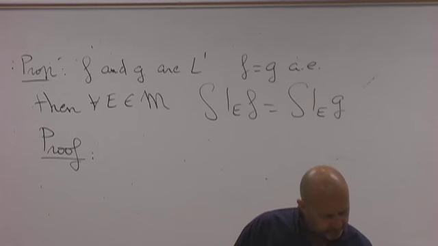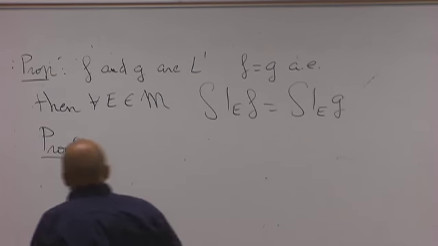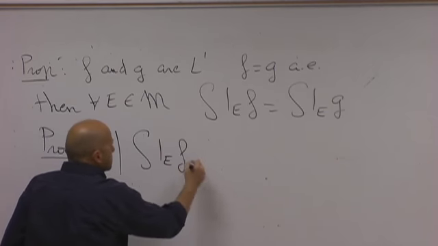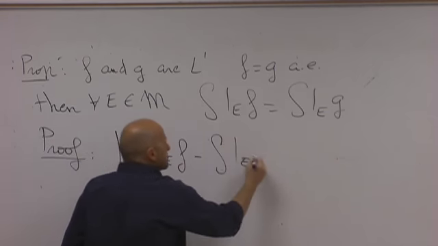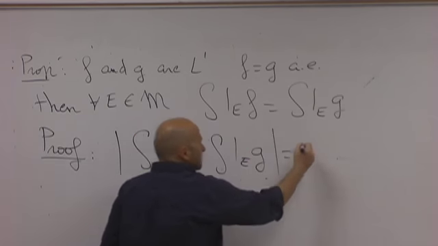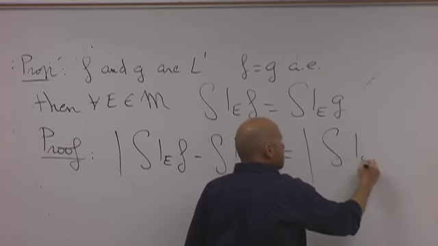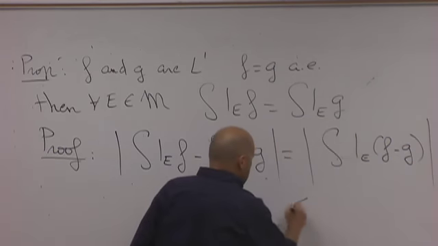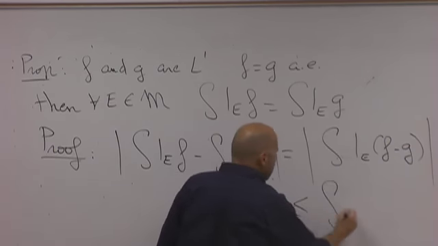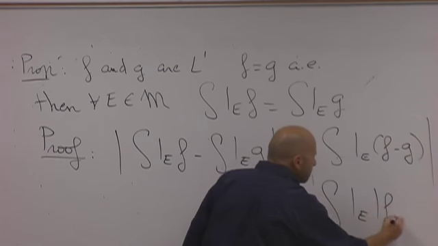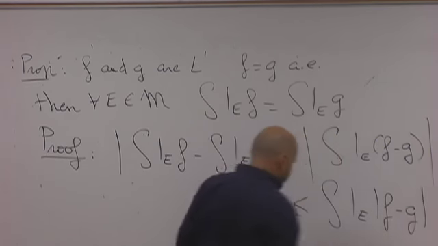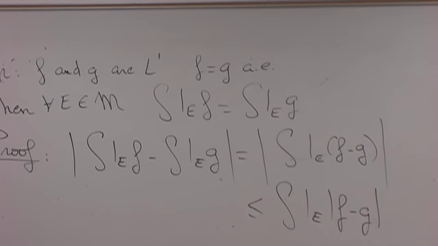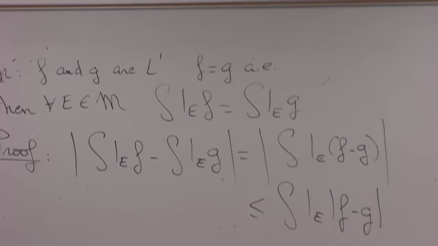So we look at the difference. And the inequality we just proved tells us that this is less than the integral of 1_E times the absolute value of f minus g. See, we are always back to positive functions. That's why we do these manipulations.